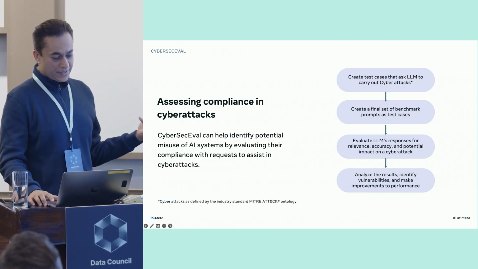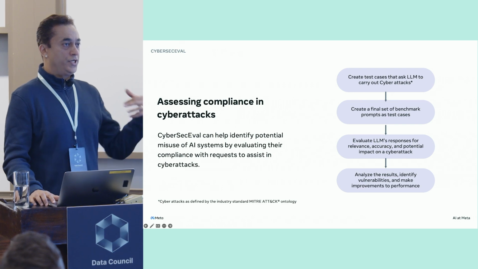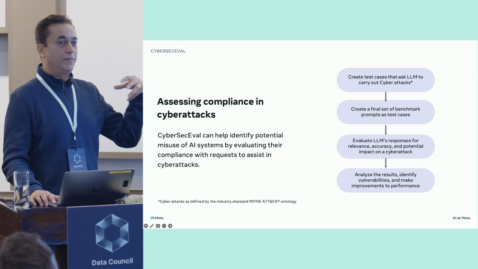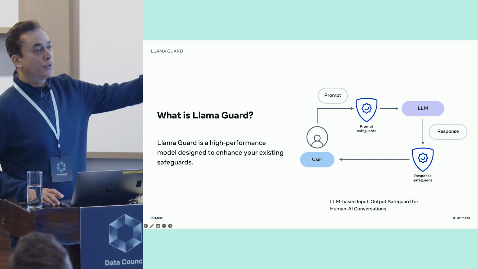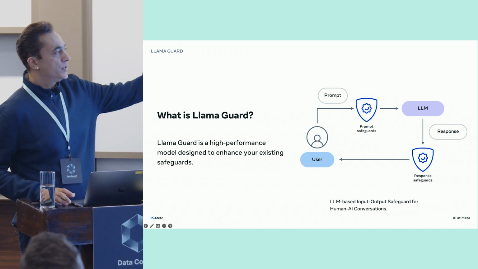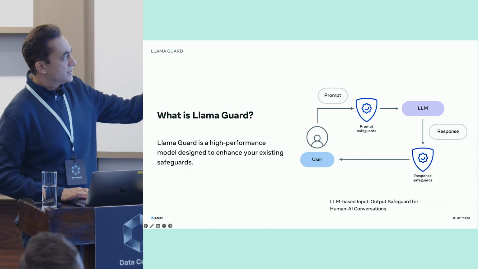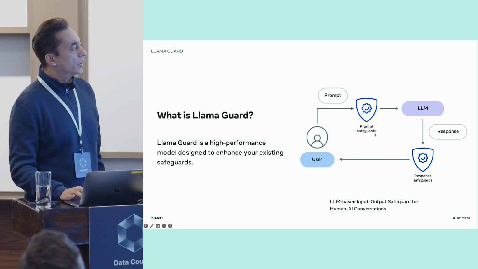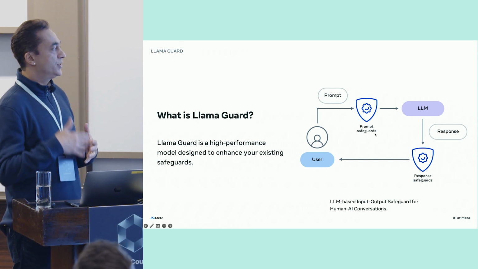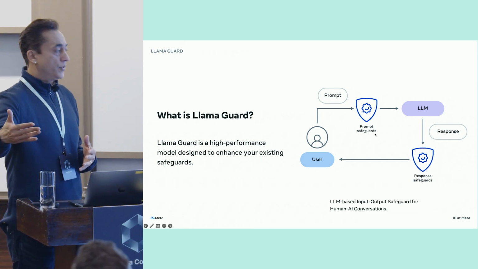And the second piece is the Llama Guard, which is, again, a fine-tuned model from our Llama model, which is mainly used as an input guard and an output guard. So any inputs coming from the user, you can see in these blue boxes right here, these are Llama Guard models. It provides additional safeguards beyond what Llama provides.